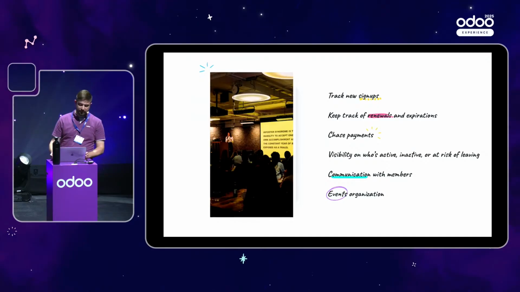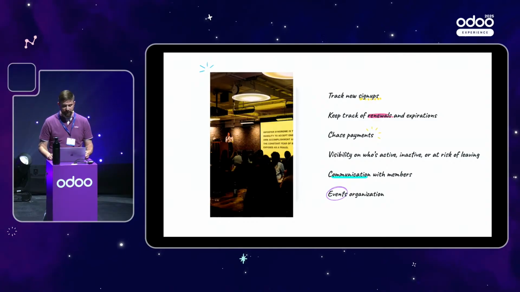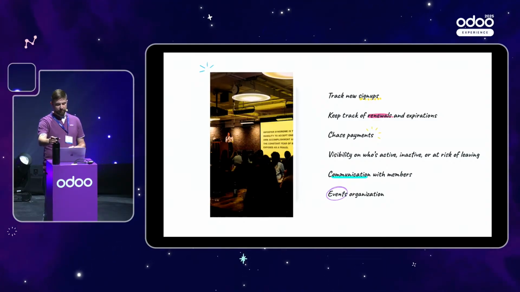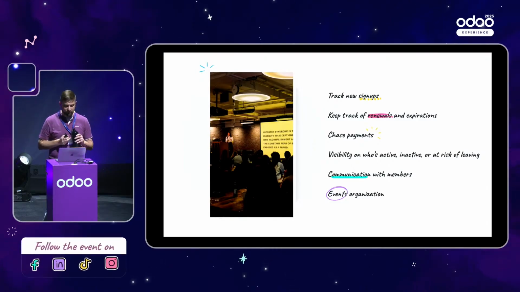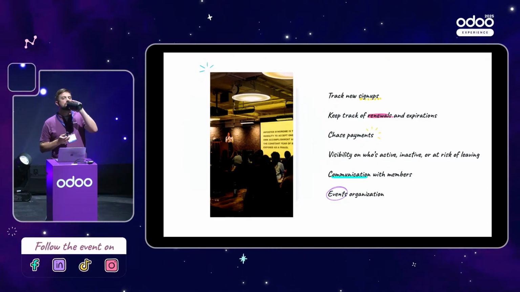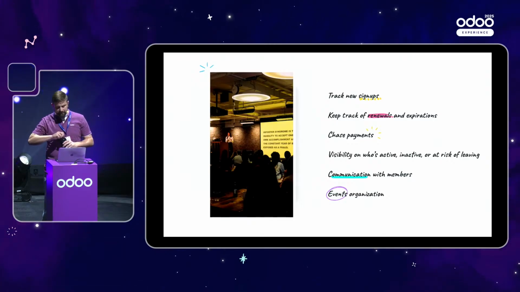So to start with, as club members, we always struggle with the same kind of things. First of all, it can be quite complex and it requires the correct tools to track new sign-ups in the club. But it's also a struggle to keep track of the renewal and expiration of your members, as it's the case for any kind of business.